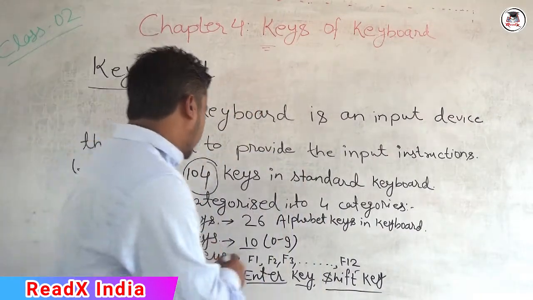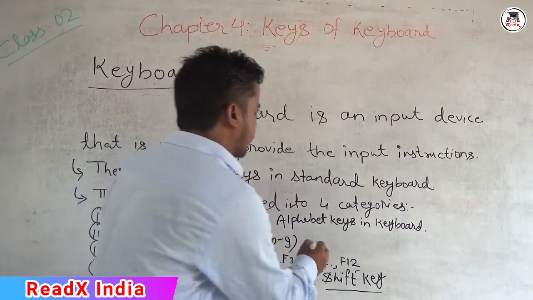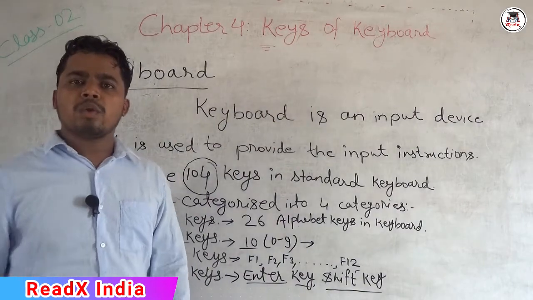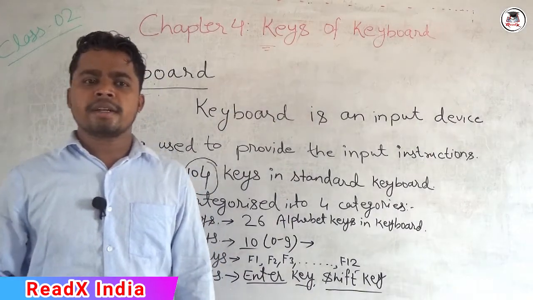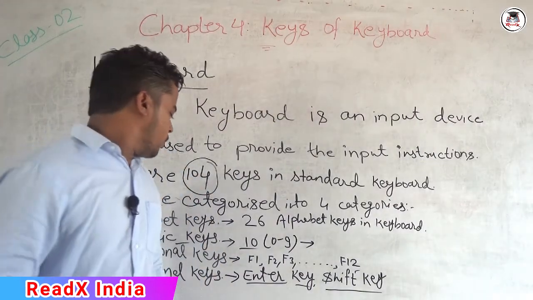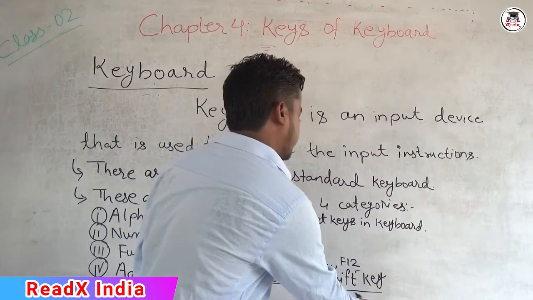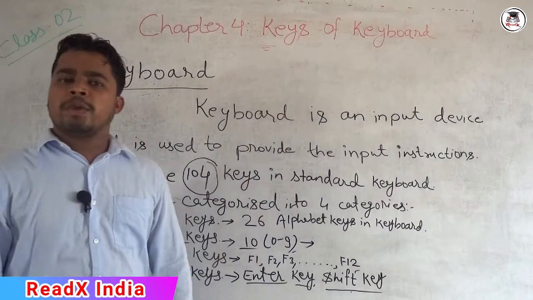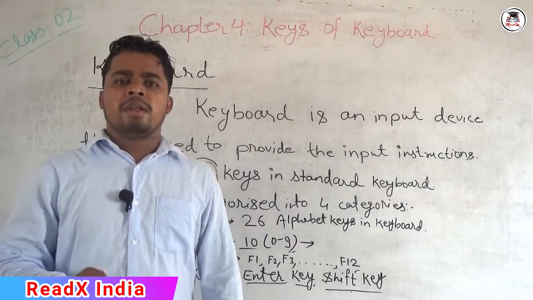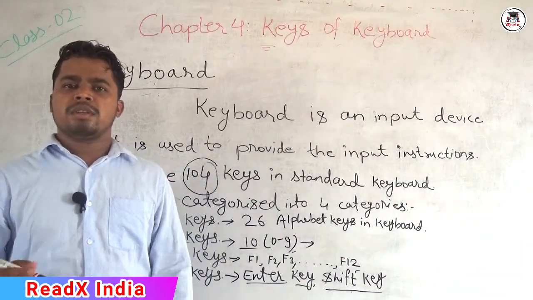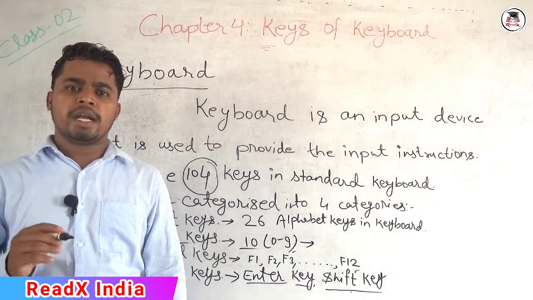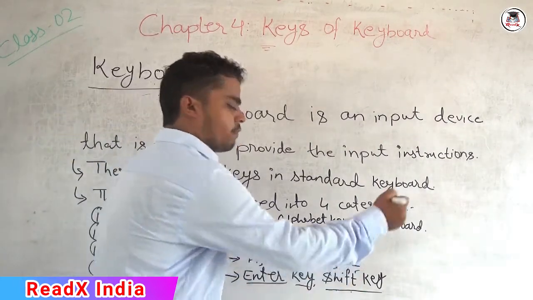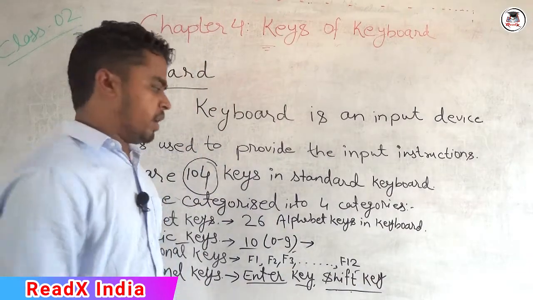Also we do have some special characters over these number keys. If you want to type those special characters, you will have to press this shift key and then press the respective number key on which the special symbol is there that you want to type. So this is the function of shift key.